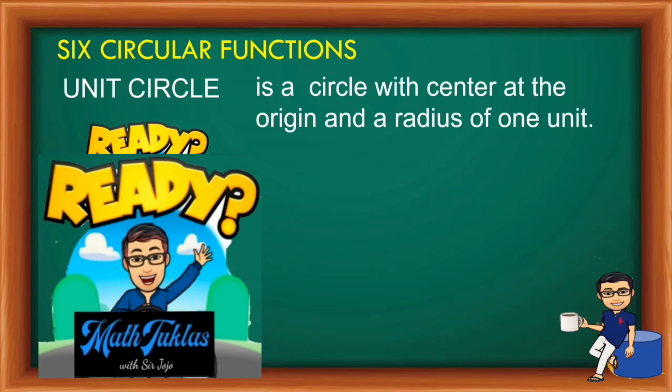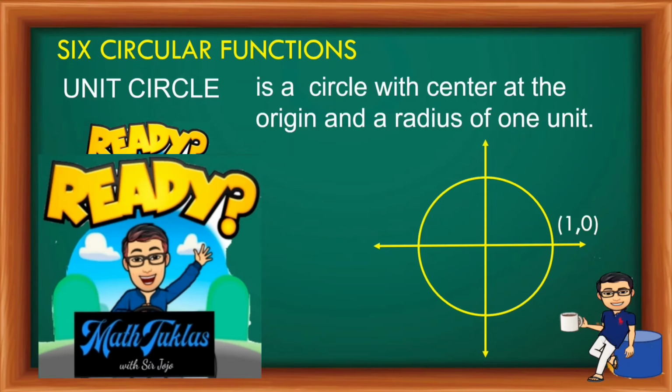A unit circle is a circle with center at the origin and a radius of 1 unit, like what is being presented, wherein the coordinates on the x-axis are (1, 0) at the right side and (-1, 0) at the left side. On the other hand, sa y-axis naman, yung nasa taas ay (0, 1) at yung nasa baba ay (0, -1).